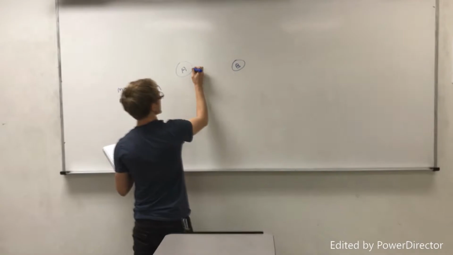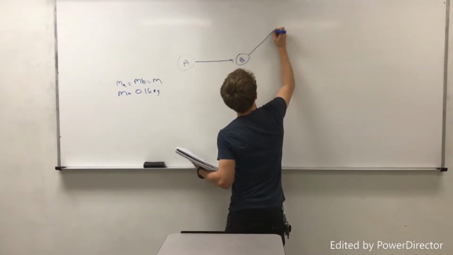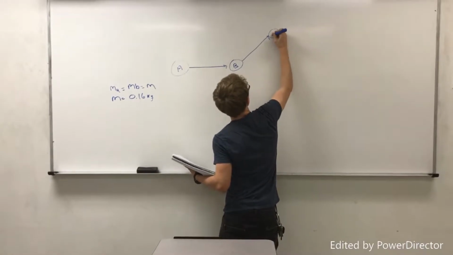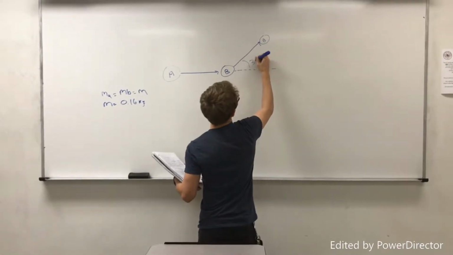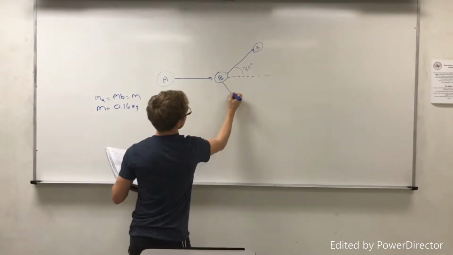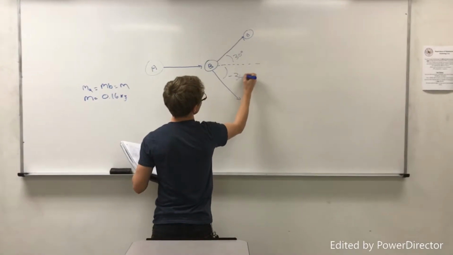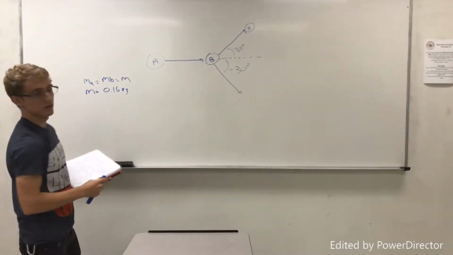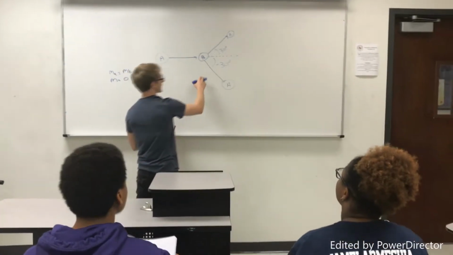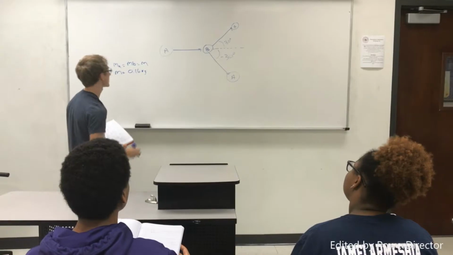So mass A is going to hit mass B. B is going to go off in this direction at an angle of 30 degrees, and A is going off in this direction at an angle of -30 degrees.